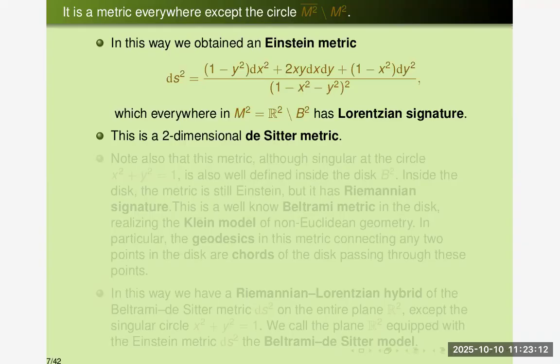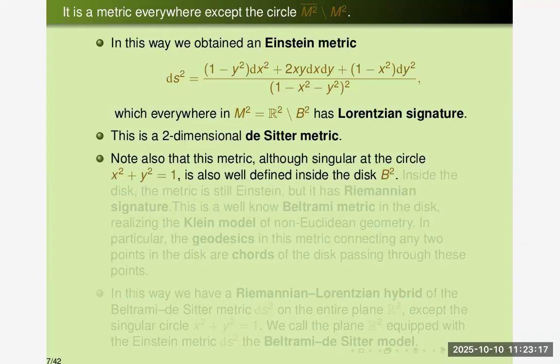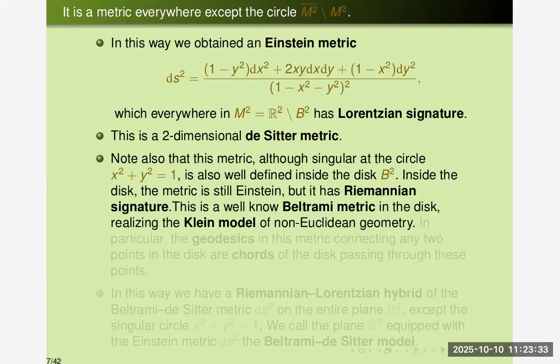But the interesting thing is that although the metric blows up on this circle, it's also well defined inside the circle. The only thing is that inside the circle, this metric changes signature. Inside this circle, this metric is Riemannian. It's the same formula.